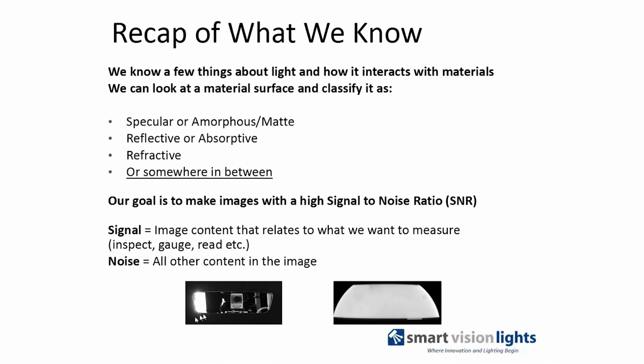In this case, the signal is the surface of the mirror that we want to see, as opposed to the noise, which are things that are reflected in the mirror that we don't want to see, like our setup. So again, the structure of the light is important, whether we choose a dome light or otherwise, but also the fact that our surface was very specular drove us to also consider the object we're inspecting, as well as the geometry of the lighting, to get the right image.